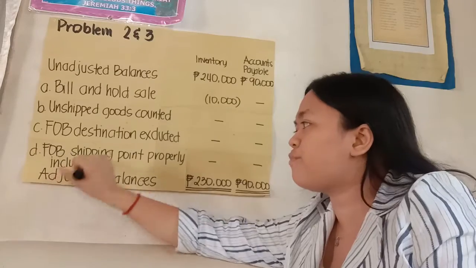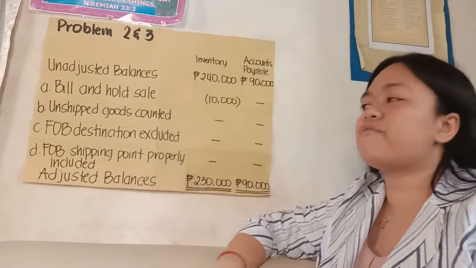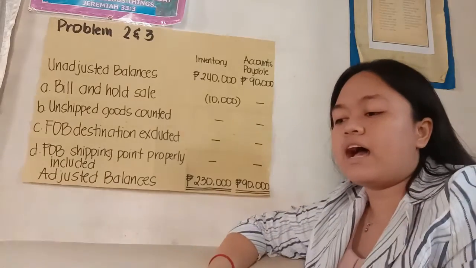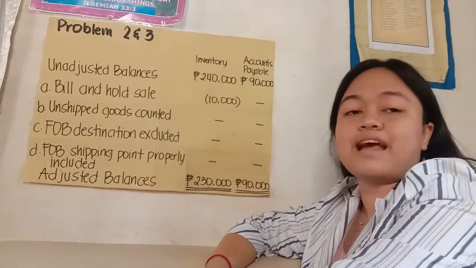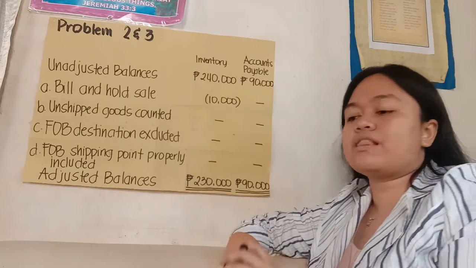Lastly, for FOB shipping point properly included, we also don't have an entry because it only involved goods in transit, since the 30,000 pesos was included in the goods in transit.